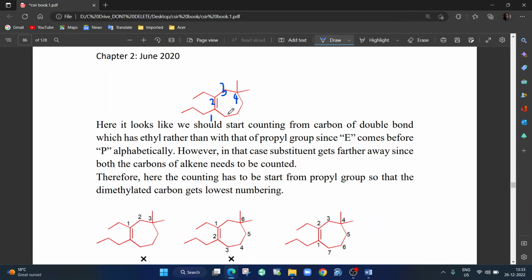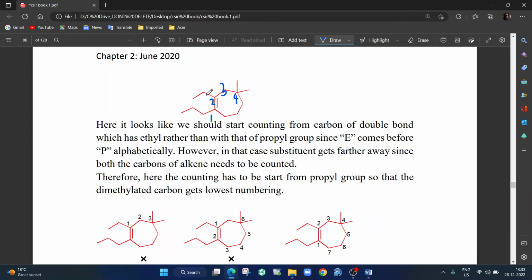So, it is cycloheptene. At position 1 I have propyl, at position 2 I have ethyl, and at position 4 I have dimethyl. Again, while writing the substituents we have to write in alphabetical order.